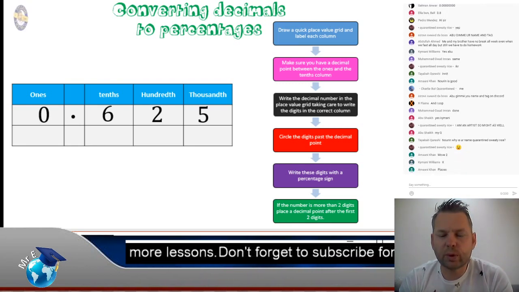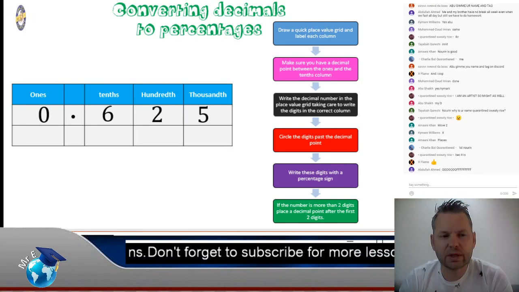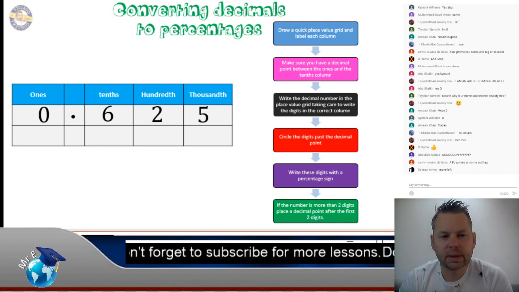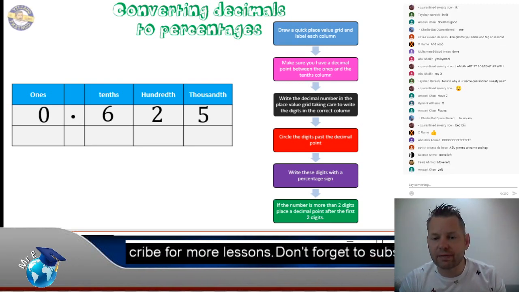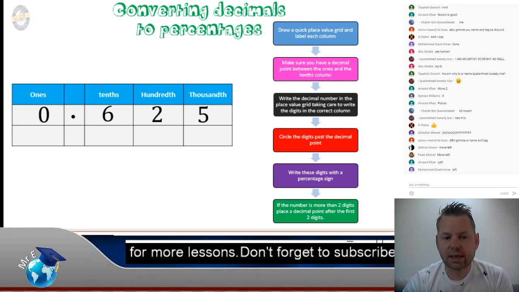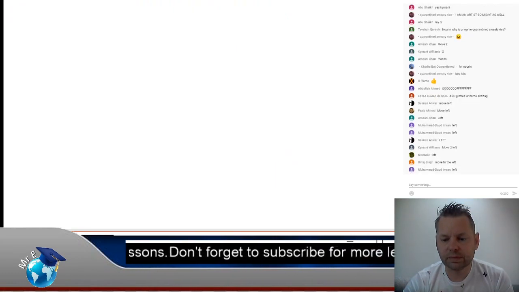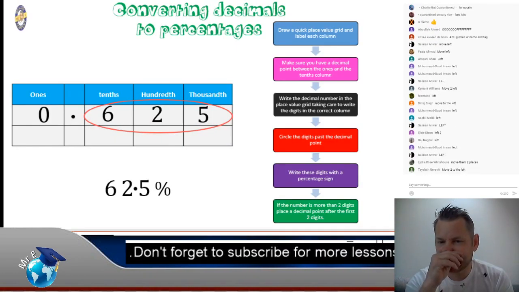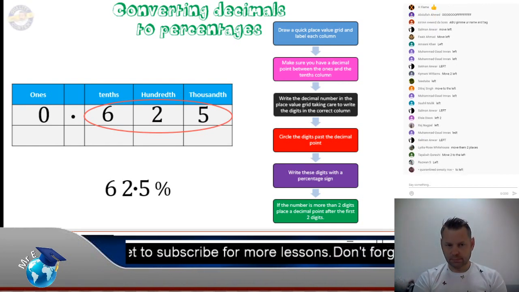Yeah, I'm going to move 2 places, but which way? Yep, I'm going to move 2 places to the left. So I'm going to move all my items 2 places to the left, and that's going to give me the answer of 62.5.